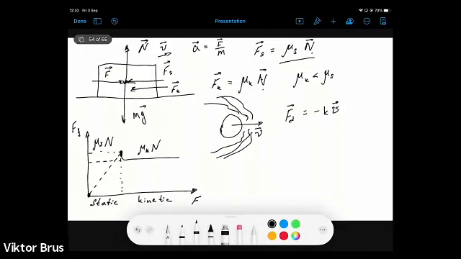And we have here velocity, which is interesting. We didn't have an impact of velocity on the friction between two bodies.